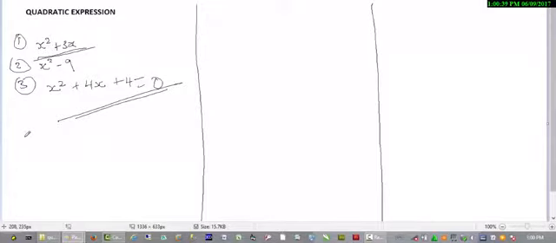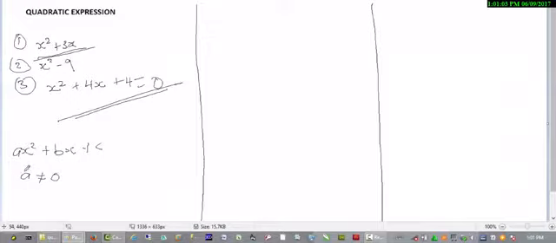Now the general form of the quadratic expression is ax squared plus bx plus c, without the equality sign. If we add the equality sign, it becomes a quadratic equation. Here a must not be equals to 0. Why?